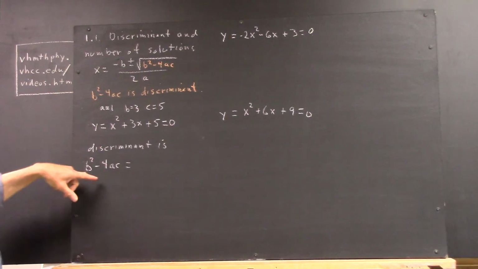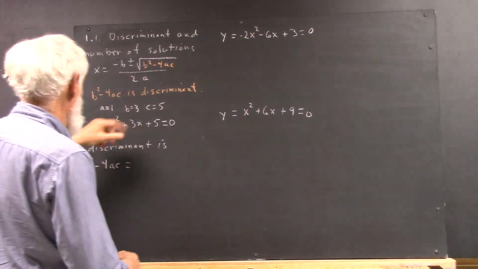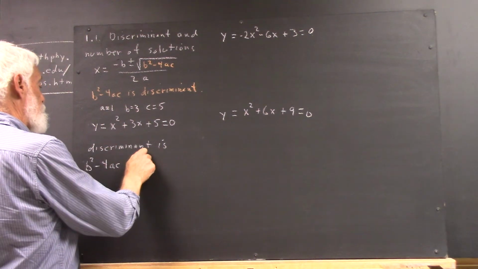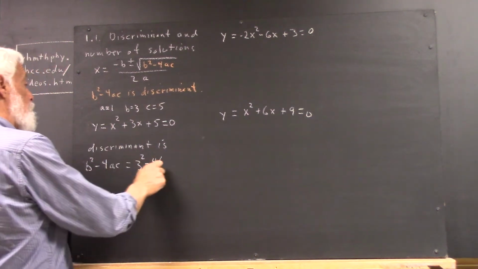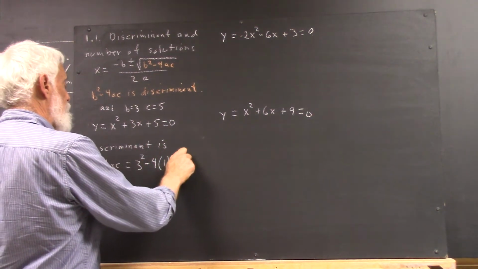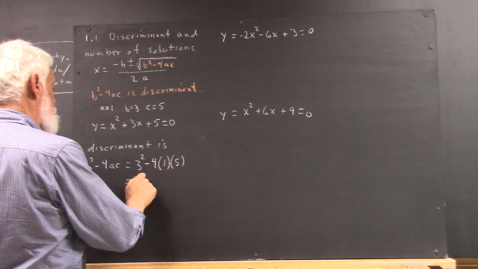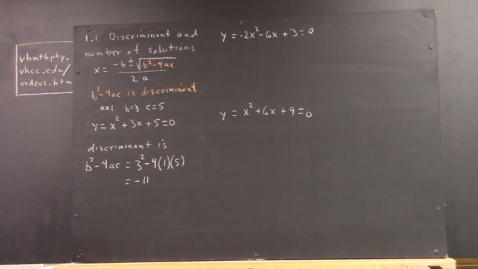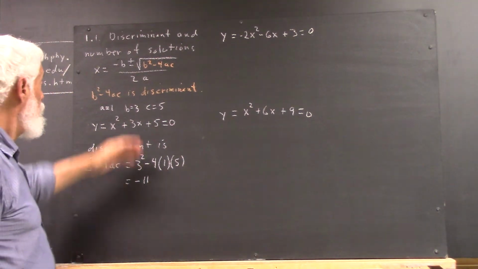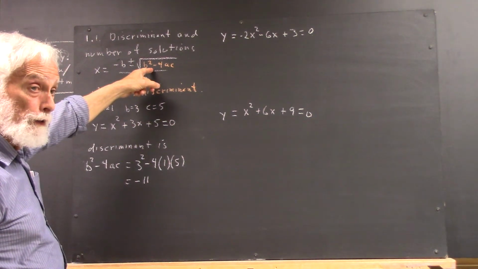So the discriminant is b squared minus 4ac, and b is 3, so we have 3 squared minus 4 times a, which is 1, times c, which is 5. We can do the arithmetic. That's 9 minus 20, that's negative 11. Now, how's that going to work with the quadratic formula? That's a number we're going to put in here.